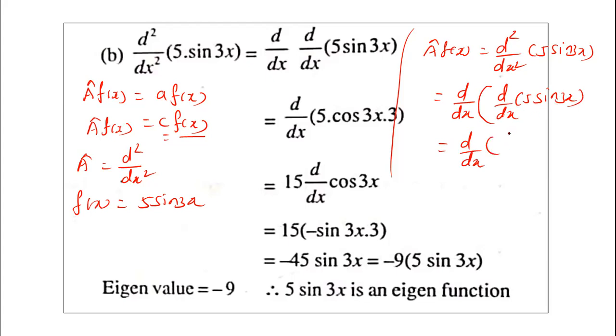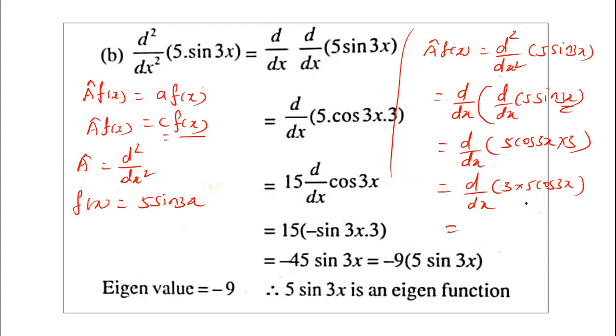It is 5 cos 3x into the derivative of 3x, which is 3. So we get 3 into 5 cos 3x.